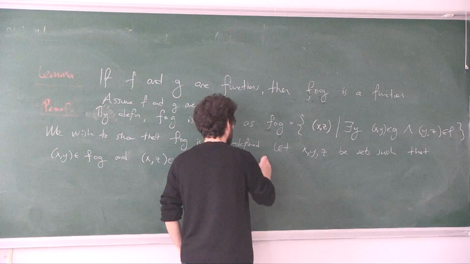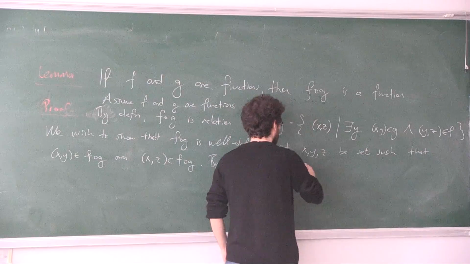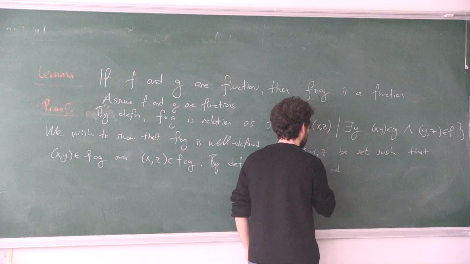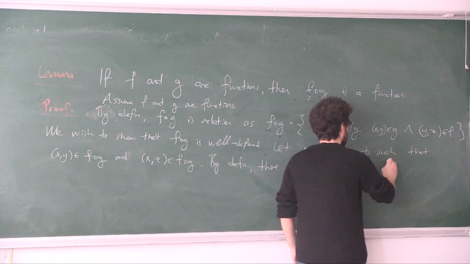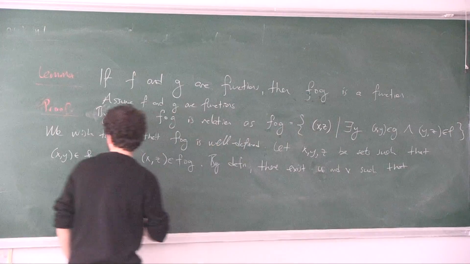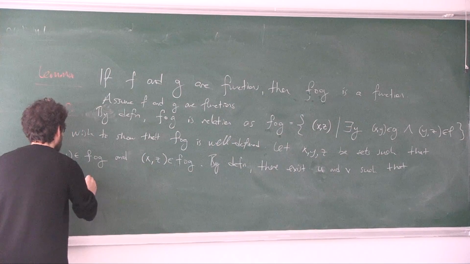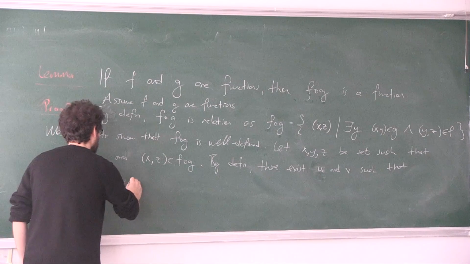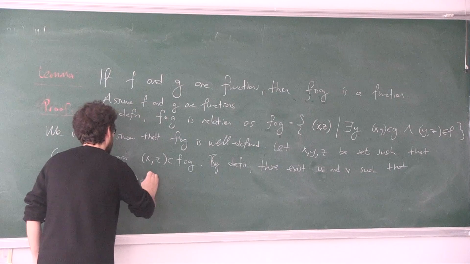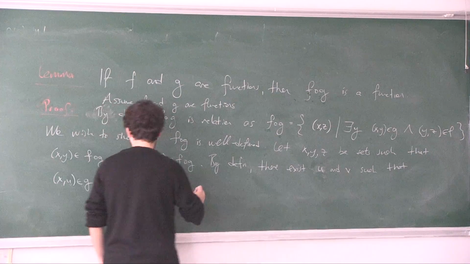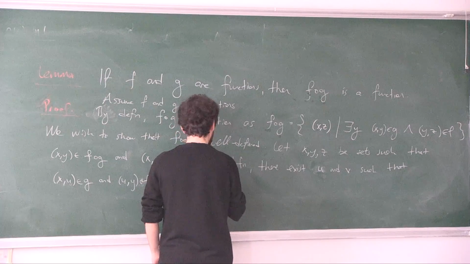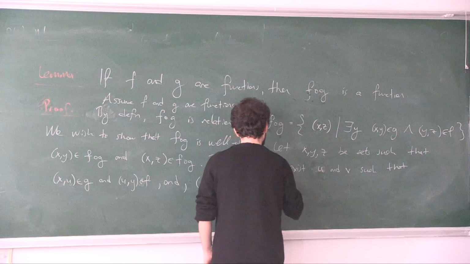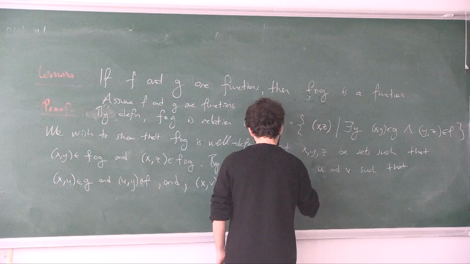By definition, there exist u and v such that (x, u) belongs to g and (u, y) belongs to f, and (x, v) belongs to g and (v, z) belongs to f.